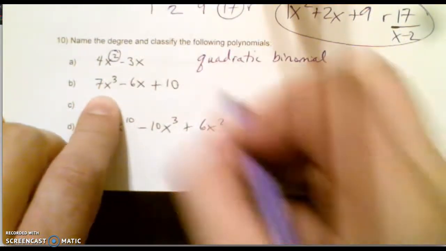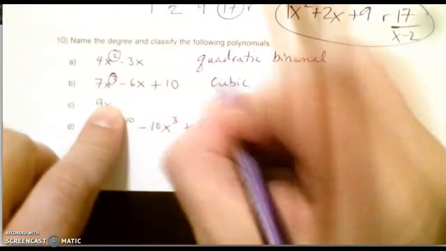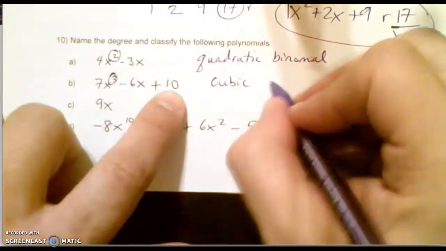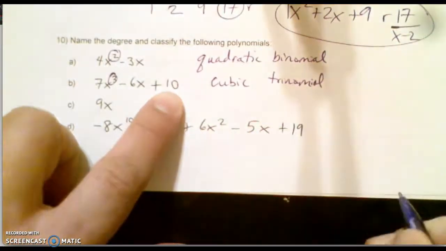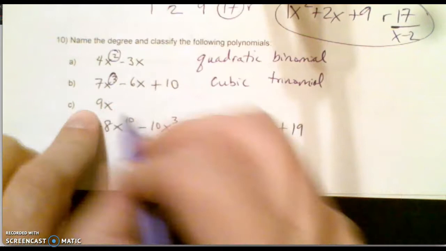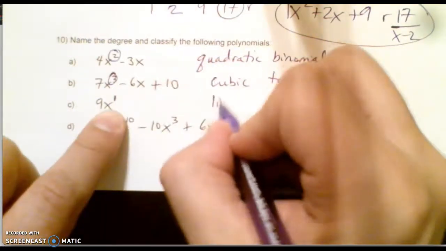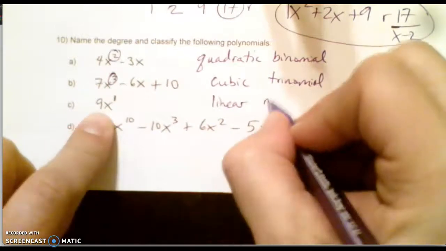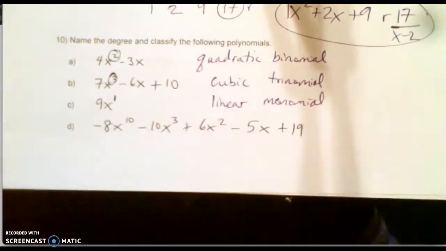What's the fancy name for this? Well, if the highest power is 3, cubic, and 1, 2, 3 terms, trinomial. And then, if the highest power is 1, which it wasn't right there, it's called linear. And if there's 1 term, monomial. You can mix these up and have almost any combination possible.